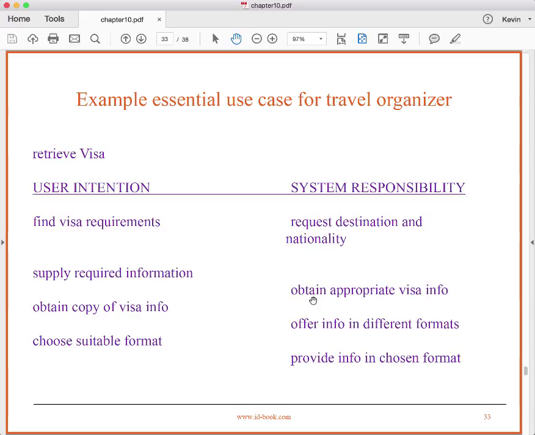So here we have an essential use case for retrieve visa, and we have it broken down into user intention and system responsibility. So user intention, find visa requirements; system responsibility, request destination and nationality; user intention, supply required information; system responsibility, obtain appropriate visa, and so on.